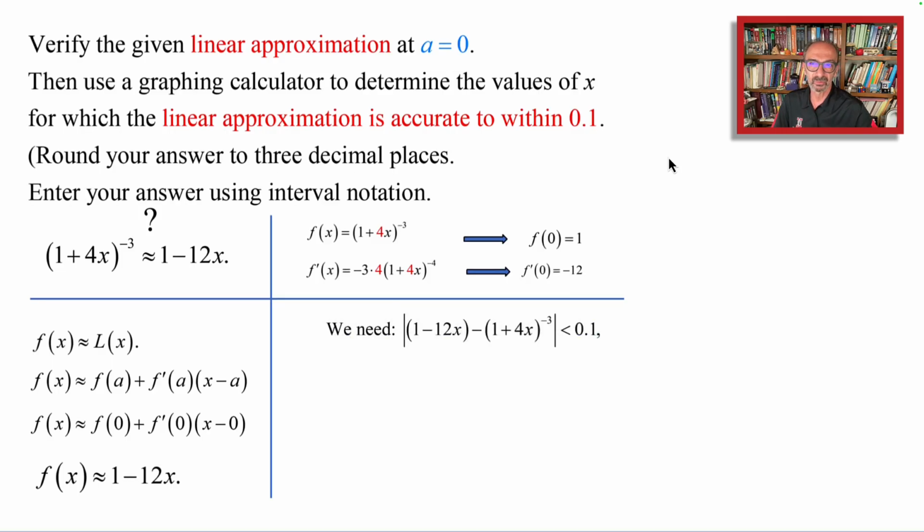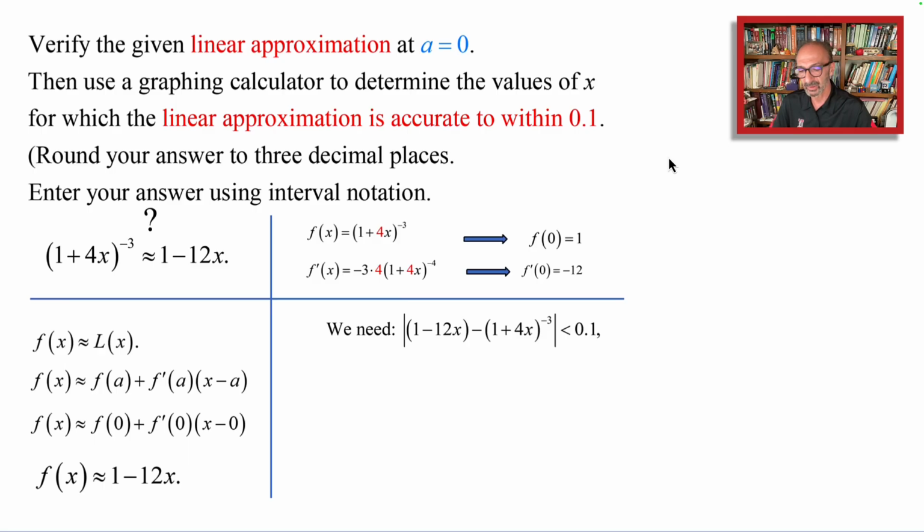Now we need to say that the values on the line compared to the values on the curve to be less than 0.1. So I'm going to use the absolute value. 1 minus 12x, that's the values of the line L of x, and that's the values of f(x) itself. The difference between them, how far they are apart, I want it to be less than 0.1.